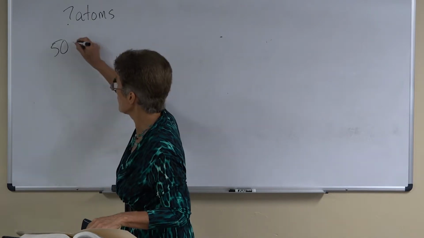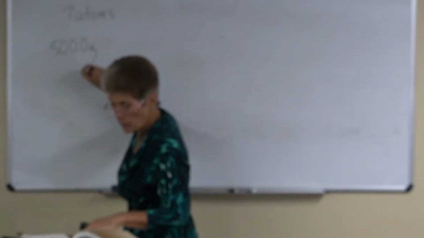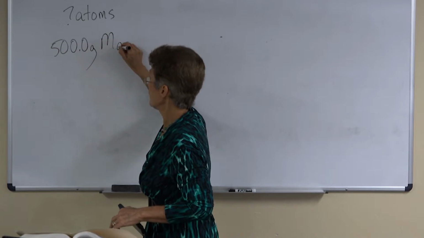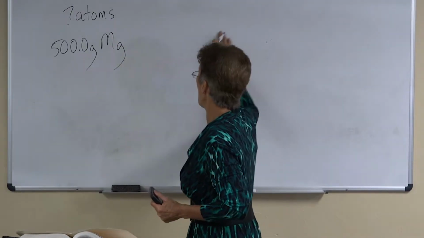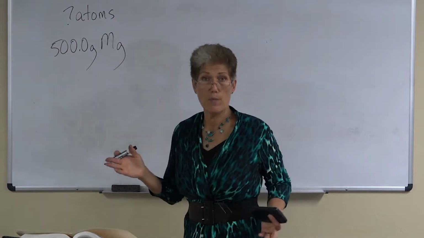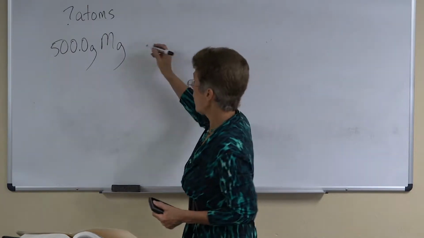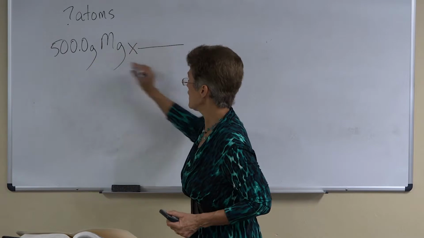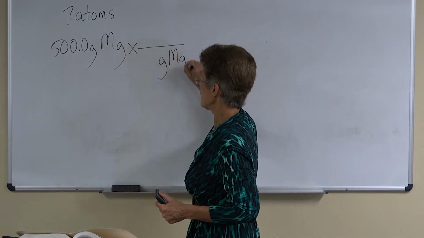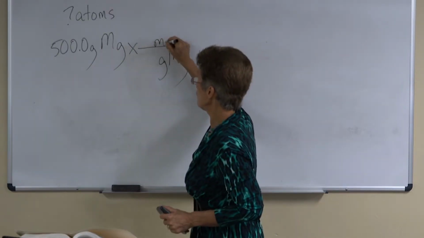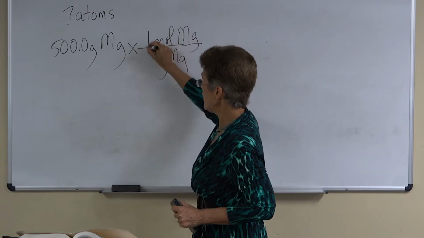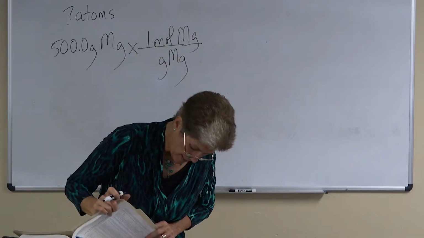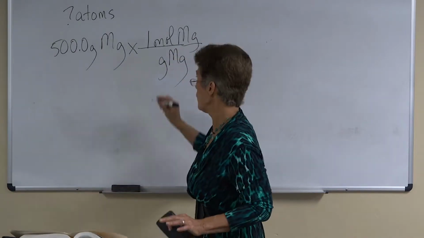Got the decimal off completely, didn't I? 500 grams of magnesium. Okay, so this way I know what my given is and where I'm trying to get to. Now I know if I go to moles, I can figure out how many atoms there are, can't I? So I go times line, whatever's here always goes down here because that's the only way it's going to cancel. And I'm going to go to moles of magnesium because I know how to do that, don't I? So in 1 mole, I look at my chart. Magnesium is in group 2. It's 24.31.